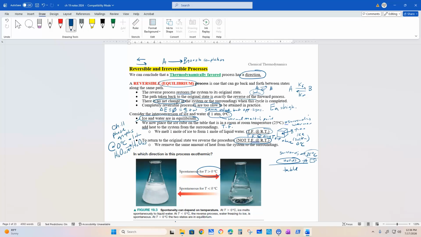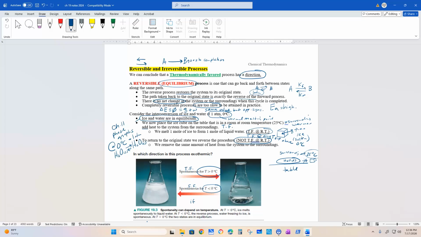But spontaneous reactions, remember, we call this AKA thermodynamically favored, okay? If I take this liquid water at temperatures less than 0, the reverse process, the water freezes to ice, is spontaneous.